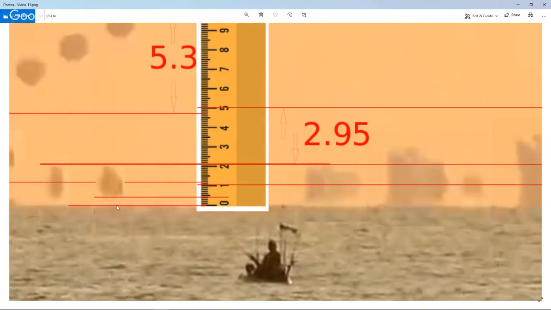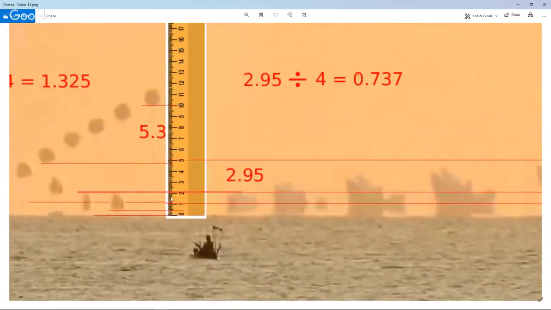And by virtue of the fact that it took 3 frames to go back up, the water splashing up at 0.737, or 7.37 millimeters per frame, would have taken 3 frames to climb up 1, 2, 3 and get to this position here, which is relative to the first position noted on Red's video. Now, that's the only way, using all the calculations that I can figure out, that I can get this result.